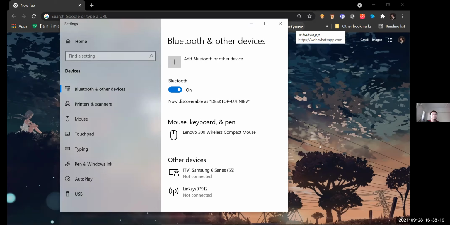Or you can send to your email so that you can also share with me using your email. Yeah, either way.